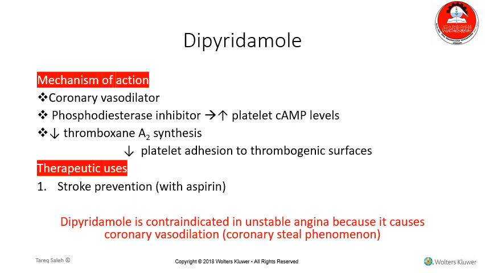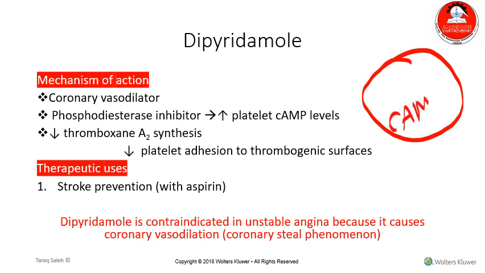Remember that in resting platelets, or inactivated platelets, the levels of cyclic AMP are high, and that's what keeps these platelets in an inactive state. Cyclic AMP, which is synthesized from ATP, can be degraded by an enzyme called phosphodiesterase.